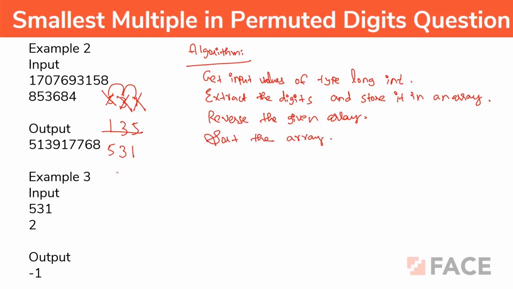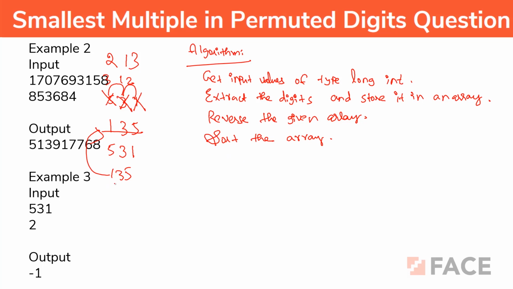If I sort this, I'll get my answer as 135. And don't say, sir, I already have 135, so why am I reversing and then sorting? In this case, I have got the answer in sorted form. For other cases, I might not get the answer in sorted format. For example, if you take my input as 213, it will be stored in the form of 312. If I reverse this, I'll get 2 and 3, which is not in sorted order. So I have to sort the given array.